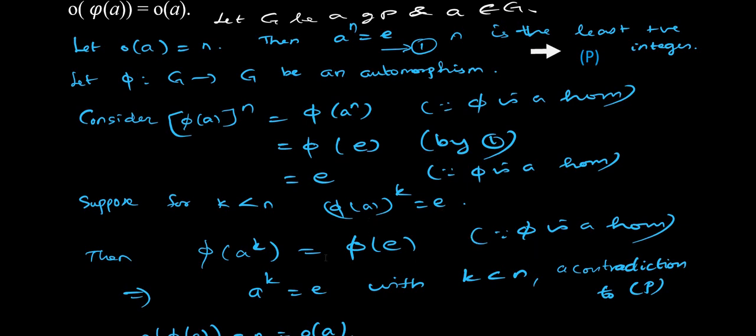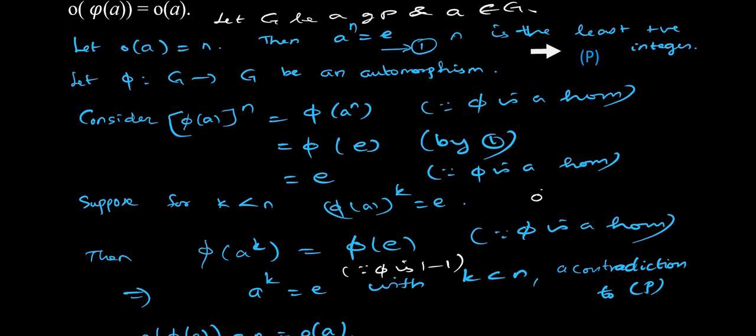Again, because phi is a homomorphism, we can rewrite this as phi of A power k equal to phi of E. Why this phi of E? Because this E can be rewritten as phi of E, as phi is a homomorphism. This is also because of homomorphism. Now from here we get A power k to be E, because phi is 1 to 1. Phi is an automorphism, therefore phi has to be 1 to 1. So this is because phi is 1 to 1.